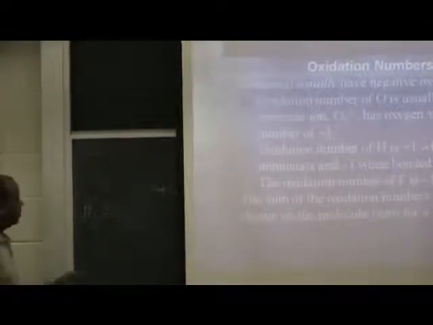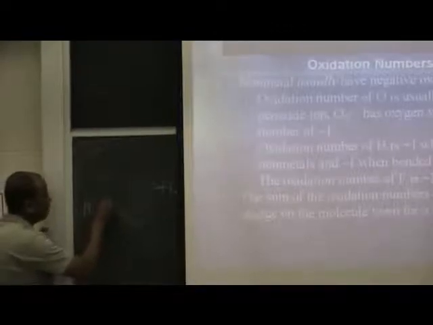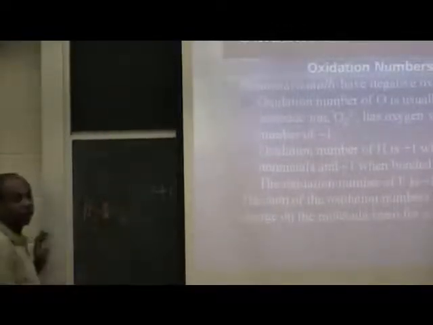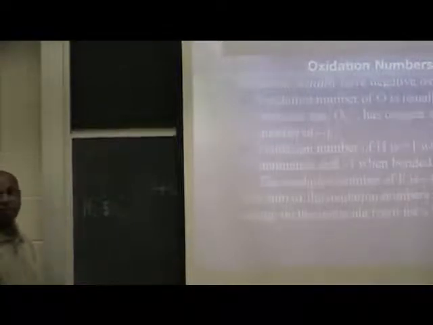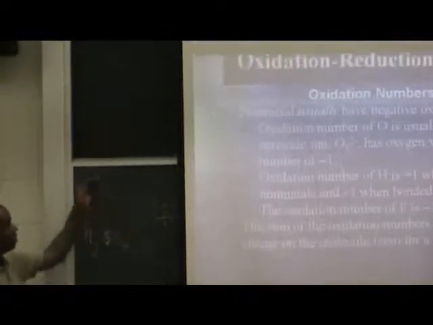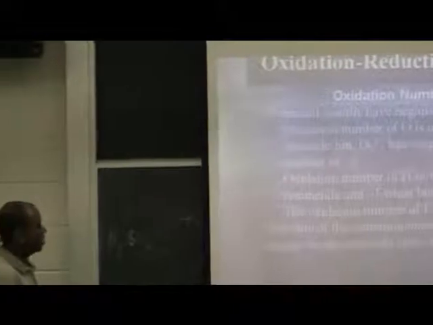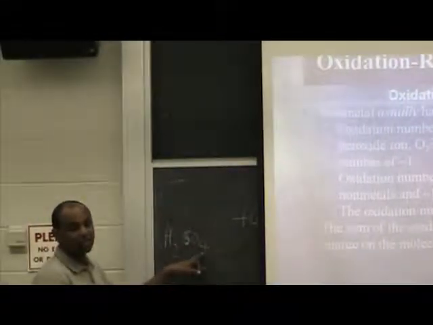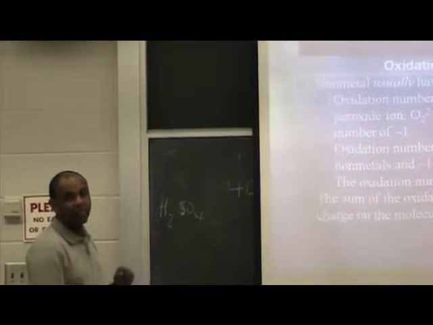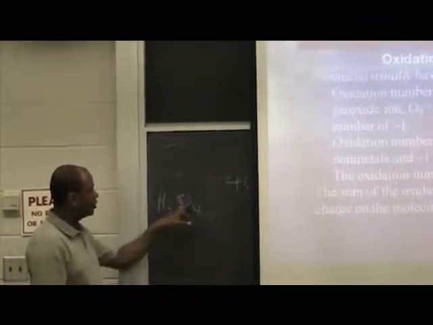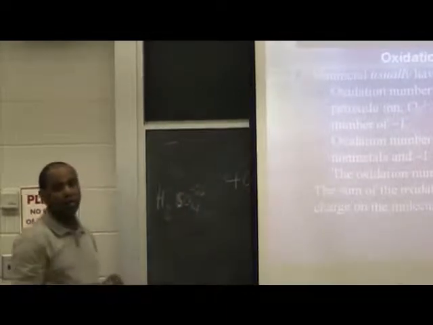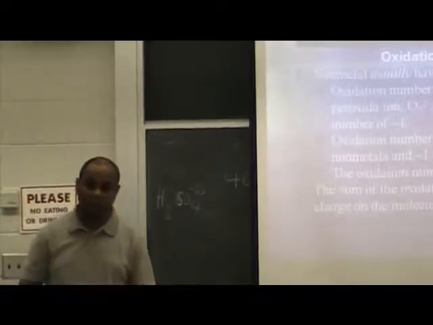Now, we want to find the oxidation number of sulfur here. According to the rules for oxygen and hydrogen, what is the oxidation number of oxygen? It is going to be -2.